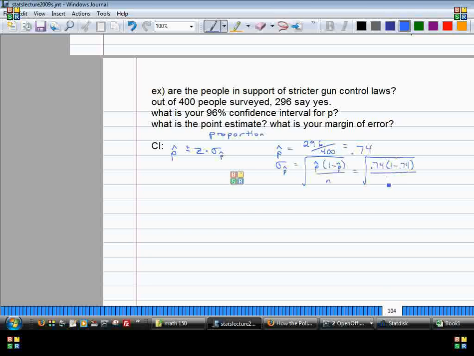Divided by what? Divided by n, 400. So let's work that out. 0.0219.